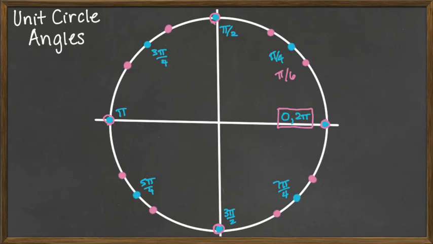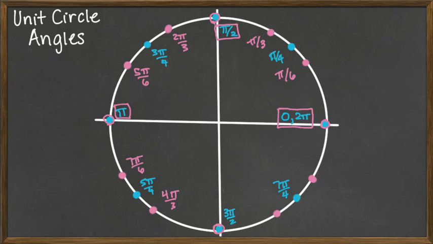So I've got 1 pi over 6, 2 pi over 6 is pi over 3. 3 pi over 6 is our pi over 2 reduced down. 4 pi over 6 is 2 pi over 3. So that's 4 pi over 6, 5 pi over 6. 6 pi over 6 is my pi that I already have, and then I have 7 pi over 6. 8 pi over 6 reduces to 4 pi over 3.